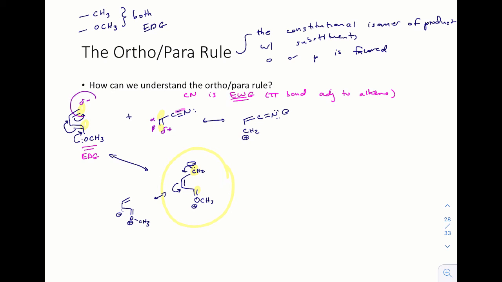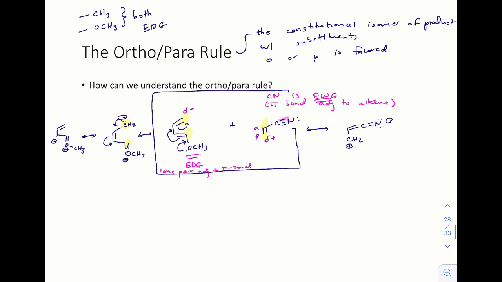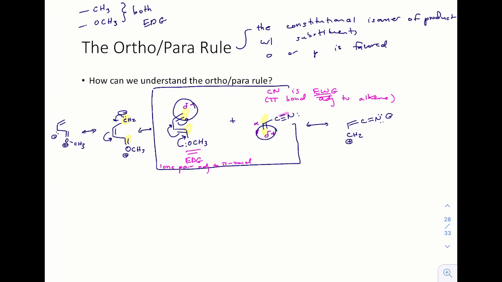All the partial negative charge on the end of the diene will be attracted to the partial positive charge on the beta carbon of acrylonitrile, which is the name of that dienophile. These oppositely charged ends are going to attract, thus they will react in this orientation, resulting in this product, where there is a 1-2 relationship between the substituent from the diene and the substituent from the dienophile.